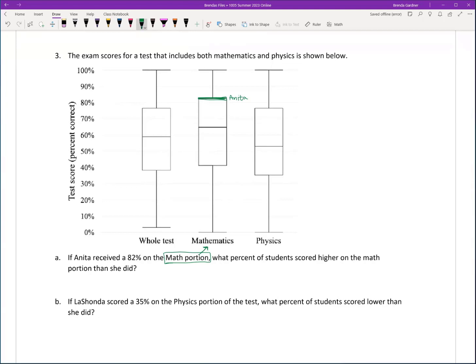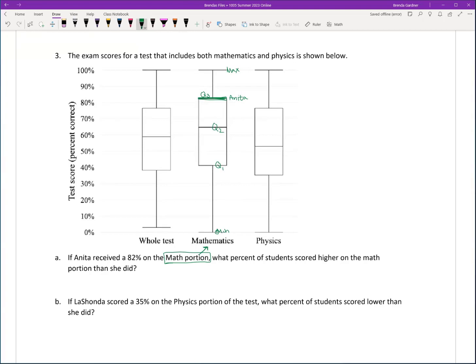Since Anita is closer to the high end than she is to the low end, what we want to know is this is basically the lowest, or the minimum. Okay, Q1, Q2, Q3, and then the maximum. There's your 5-number summary. It's just along each part of the box plot, I should say.